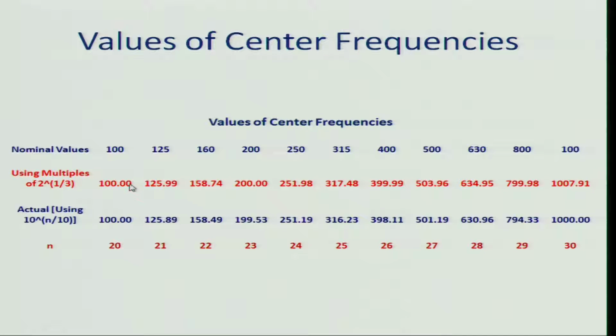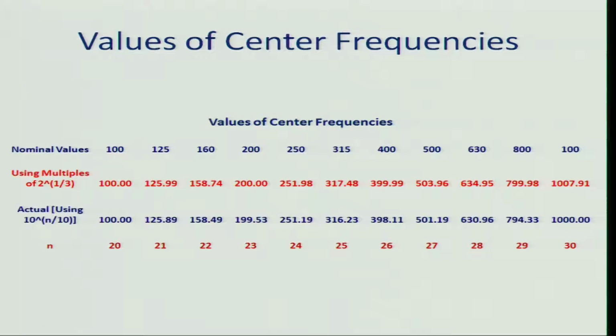So these frequencies in red and blue are pretty close for practical considerations. That is why this is known as 1/3 octave band. Because if you are constructing 1/3 octave bands, you will have to multiply by 2 to the power of 1 by 3, and the values which you get are pretty close to these values.